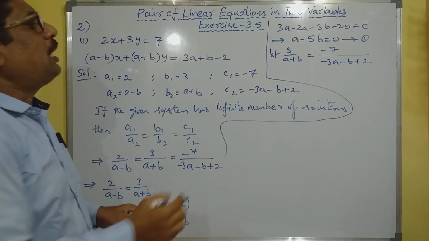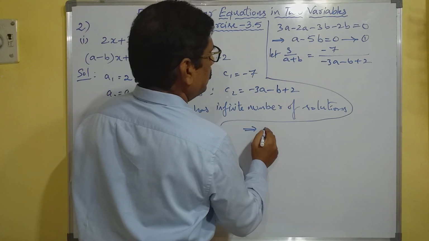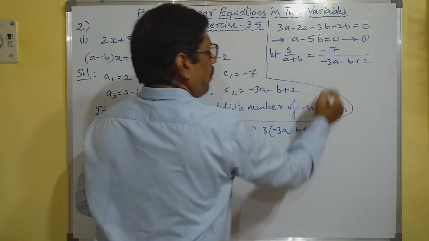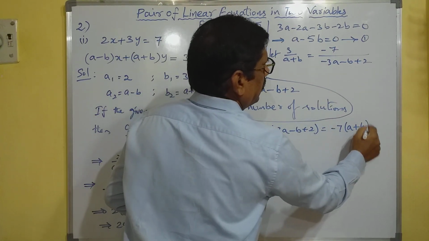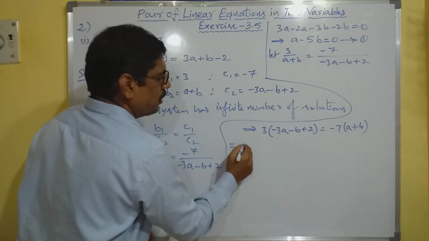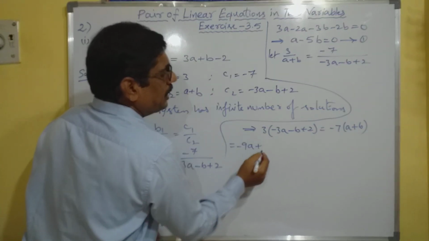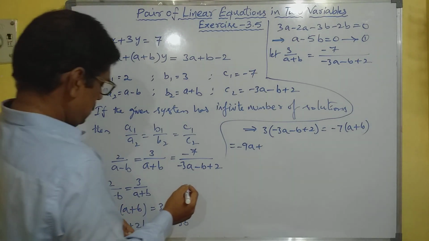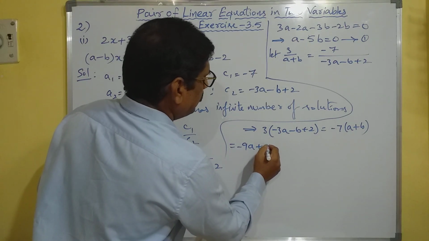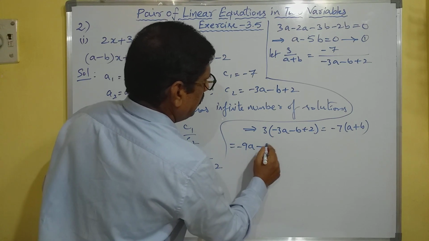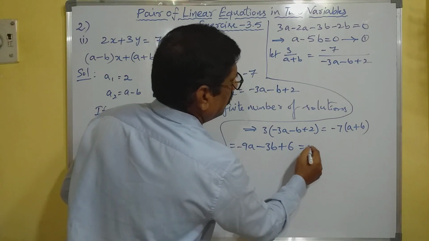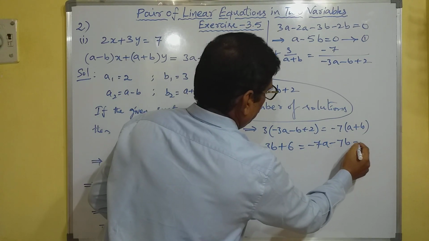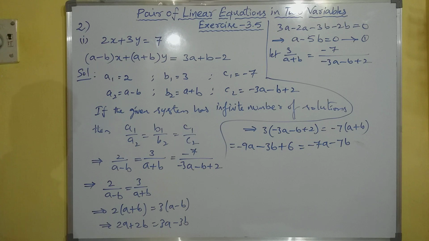If you multiply crosswise, we get 3 into minus 3A minus B plus 2 is equal to minus 7 into A plus B. So we get minus 9A, 3 into minus B is minus 3B, 3 into 2 is 6, is equal to minus 7A minus 7B.